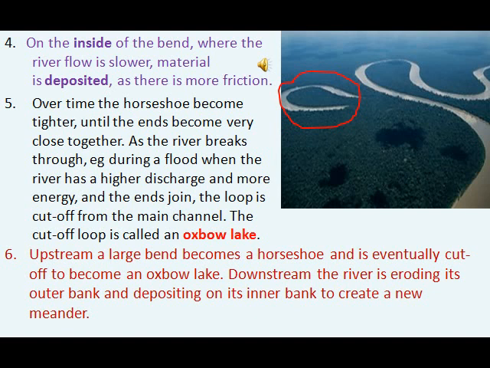The river breaks through, for example, during a flood when the river has a higher discharge and more energy, and the ends join. The loop is cut off from the main channel. The cut off loop is called an oxbow lake.